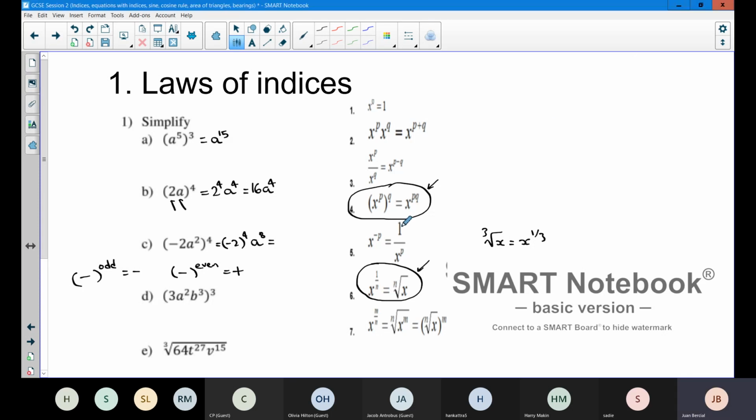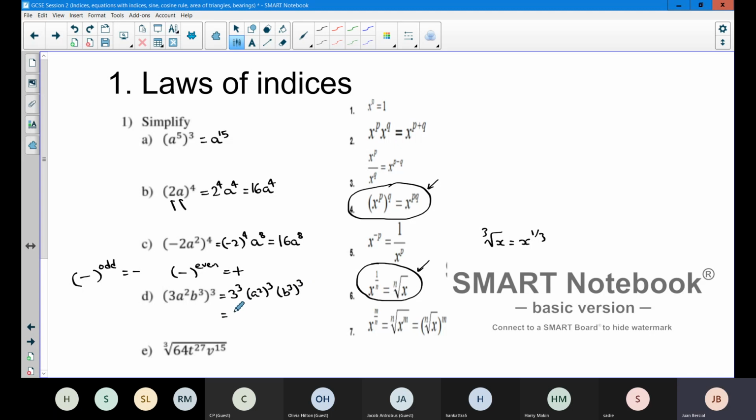Hi, Holly, welcome. So as I said, we're going to do this question. We've done minus 2 to the power 4, that is 16, and then a to the power 8. And then here we've got 3 things to the power 3. So we can just write 3 to the power 3, then a squared to the power 3, and b cubed to the power 3.